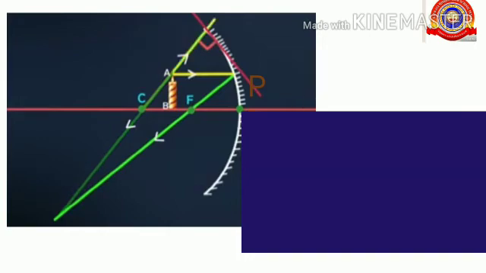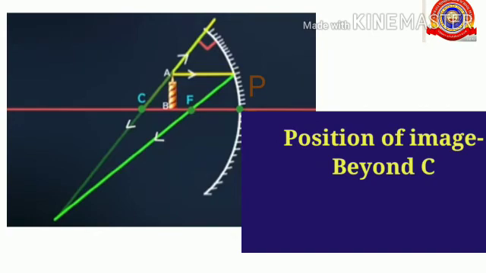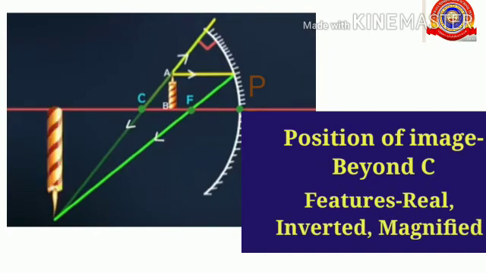That means the position of the image is formed beyond C. Here we can see that the position of the image is beyond C, and the features are real, inverted and magnified. Magnified means bigger in size than the object.